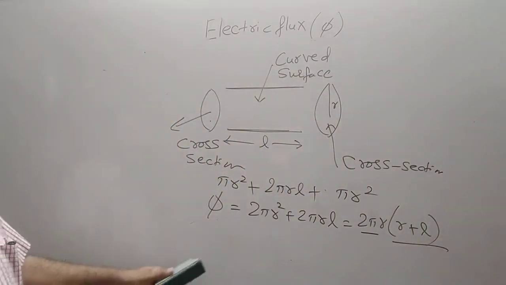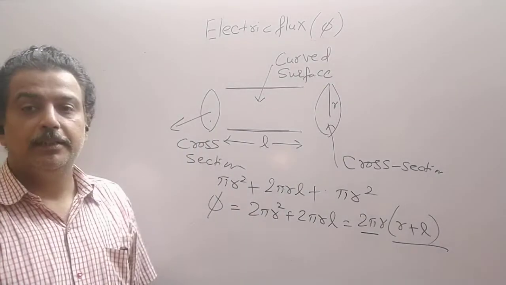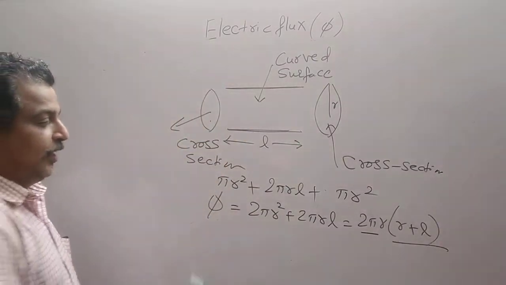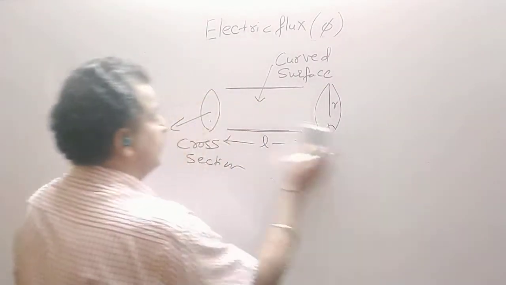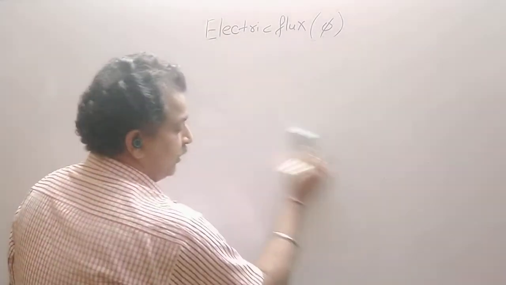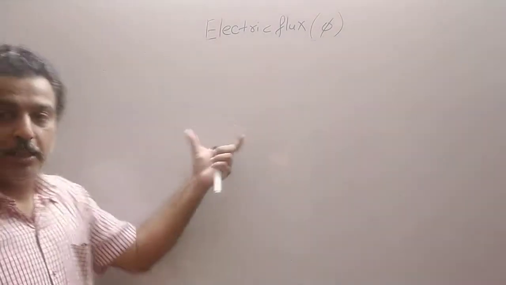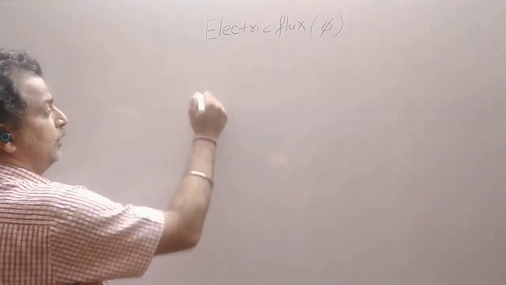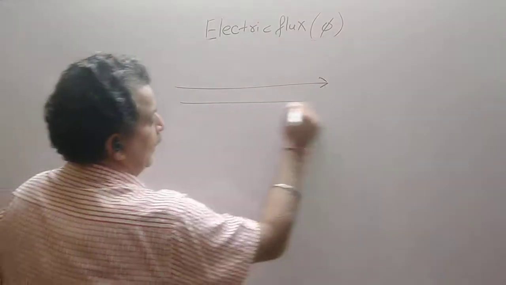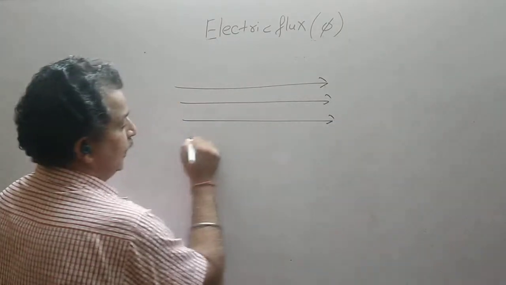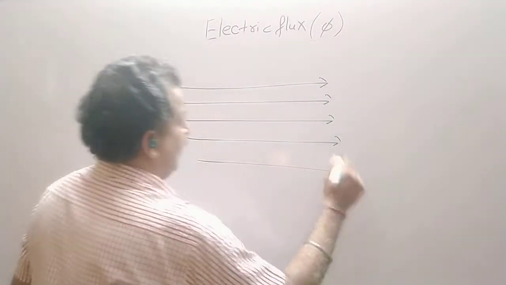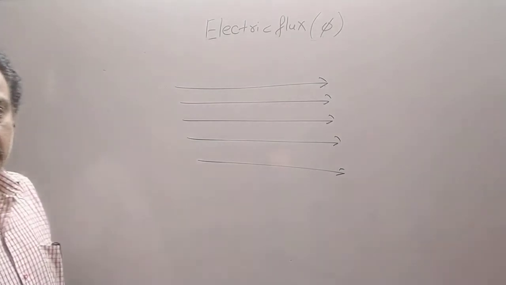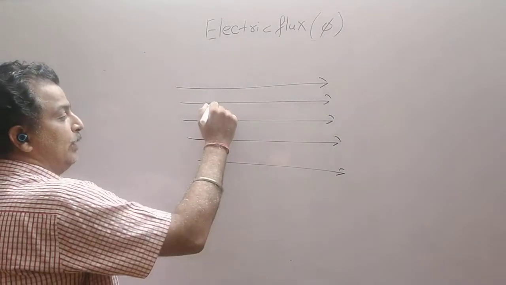So this is the area of a cylinder. Now how is the flux linked with this cylinder 0? Let us prove that. So the cylinder consists of three parts, two cross sections and one curved surface. Again, we are taking the field lines along the x-axis. Field lines are equidistant and parallel to each other, so a uniform field. Now I place a cylinder.